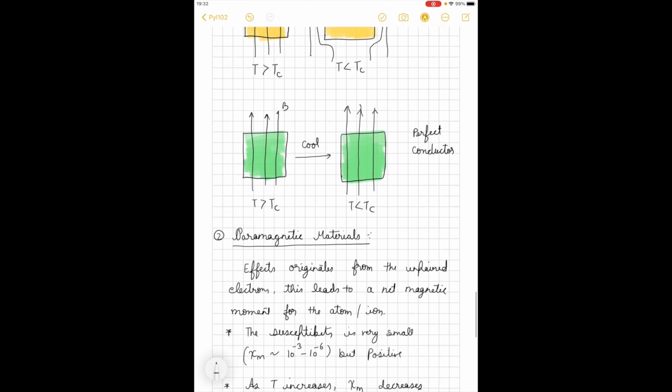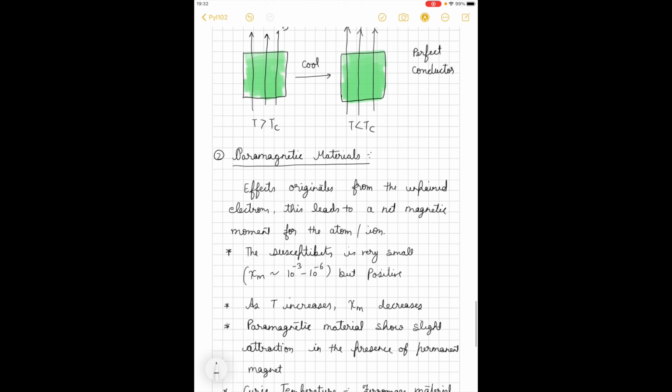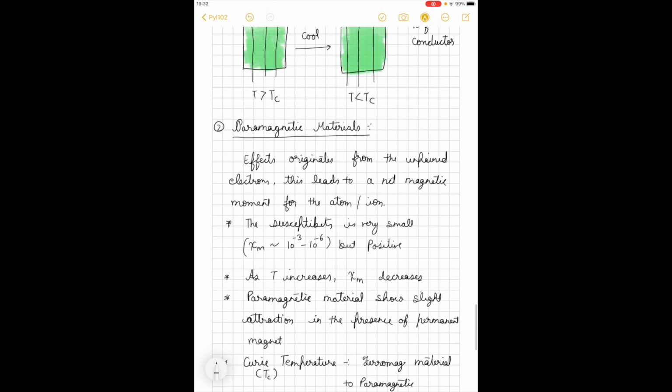Okay, and then we saw the second category, which is paramagnetic material. In paramagnetic material, there is an unpaired electron, and this leads to a net magnetic moment for an atom or ion.